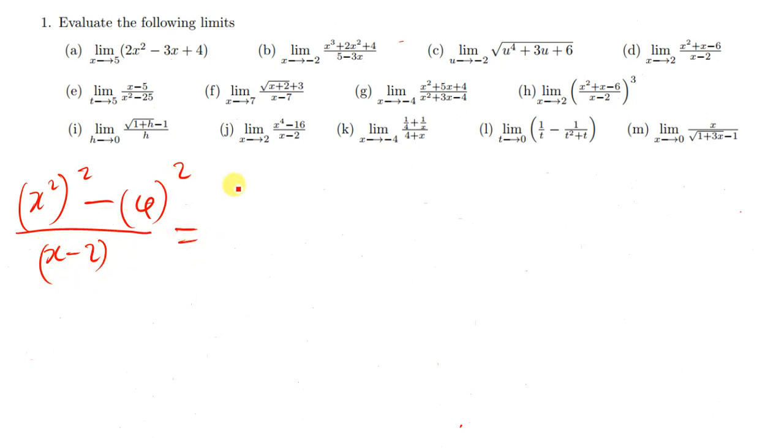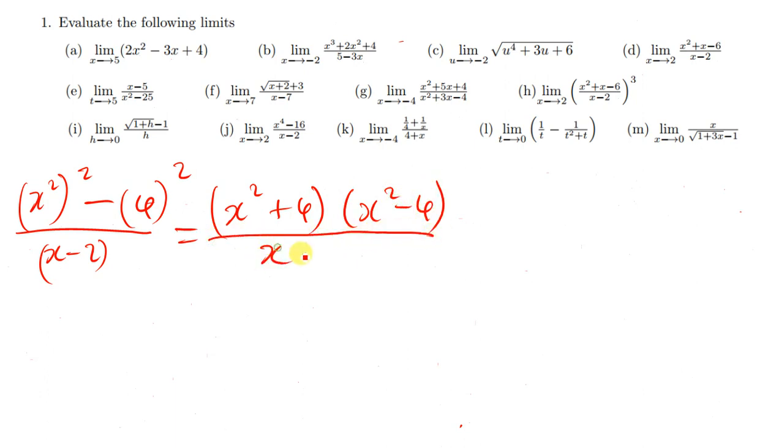So this can be simplified further because this is a difference of two squares, which will be x squared plus 4 times x squared minus 4, and everything divided by x minus 2. So when you simplify this further, this part can also be simplified because this is a difference of two squares. Remember, x squared minus 4 can also be written as x squared minus 2 squared.